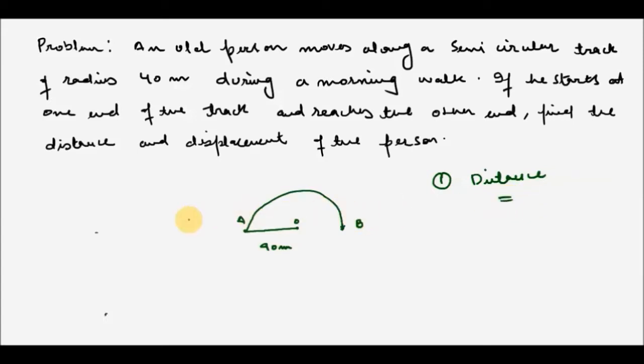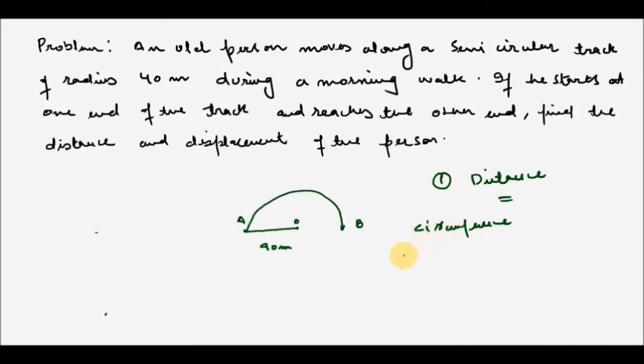Now you must know that the distance he has traveled is equal to the length of the semicircular track, right? And the length of the semicircular track is nothing but the circumference of a semicircular track.